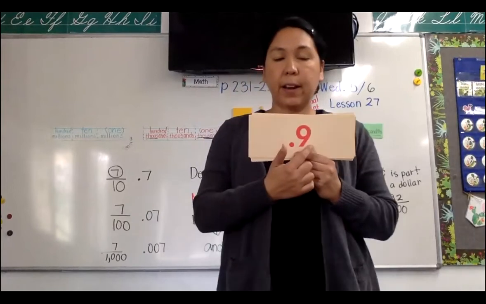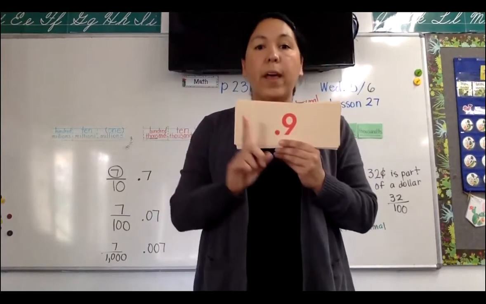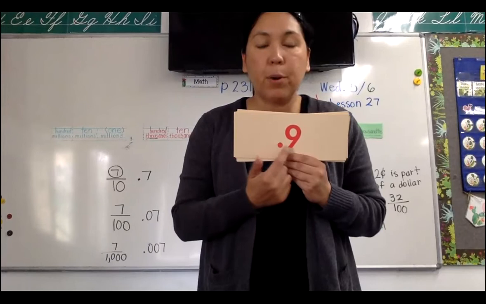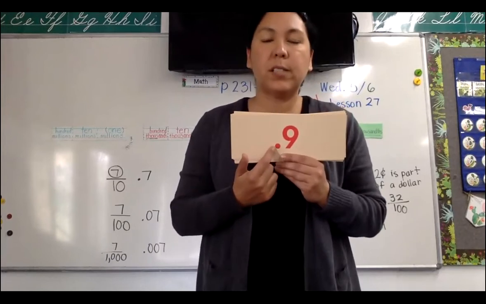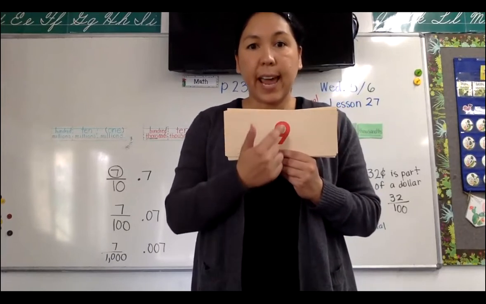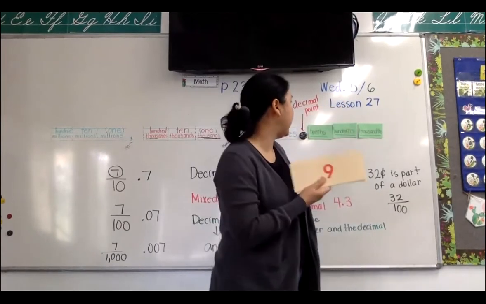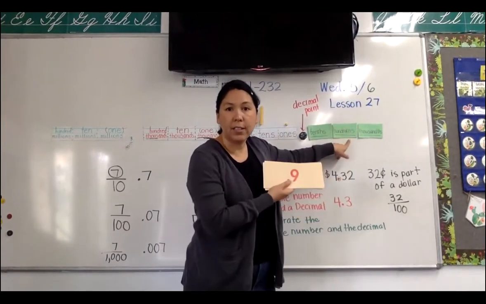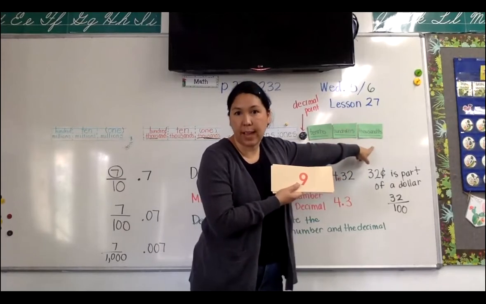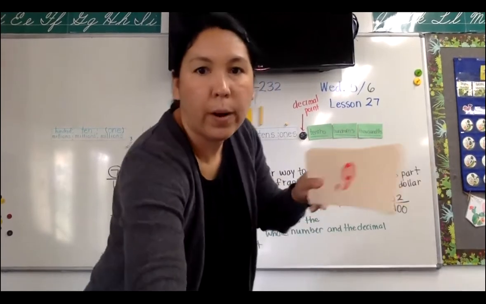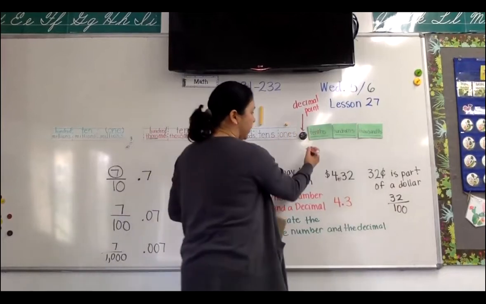So this is 0.9, okay? When there's only one number after the decimal, we don't say point. We just say the number, and then we either are going to say tenths after it, hundredths after it, or thousandths after it. So let me show you where 0.9 would be on this decimal chart.